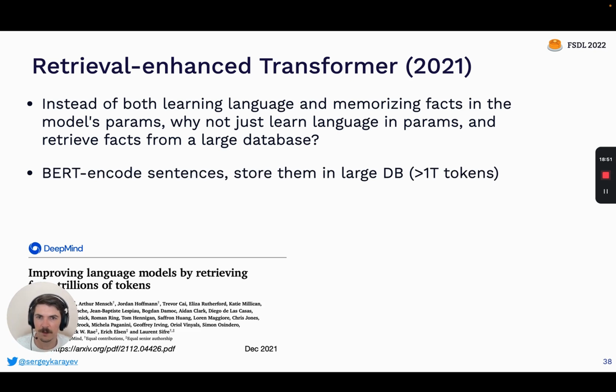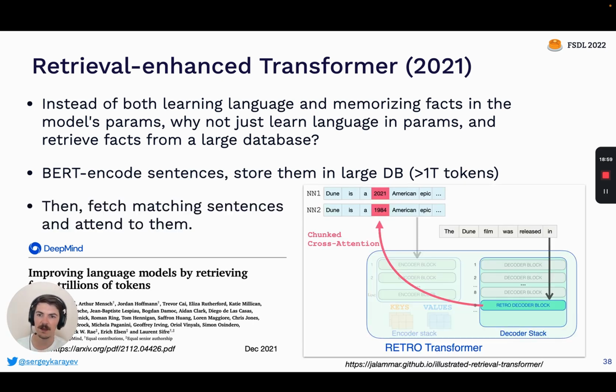So the way we're going to implement it is we're going to encode a bunch of sentences with BERT, store them in a huge database, and then at training time and at inference time, we're going to fetch matching sentences, like stuff that could be relevant to the prompt. We're going to look in our database, pull out all relevant sentences, put them into the prompt, and then see what the output would be.